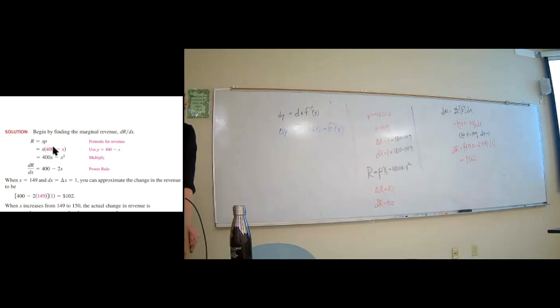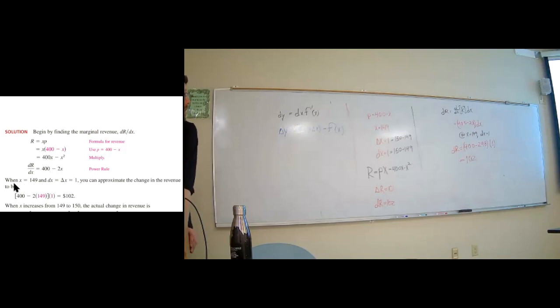Demand function is price as a function of demand, and we were told that that was 400 minus x. So multiplied by demand again, we get 400x minus x squared. Now, applying the derivative with respect to demand, we get that the marginal revenue is equal to 400 minus 2x.